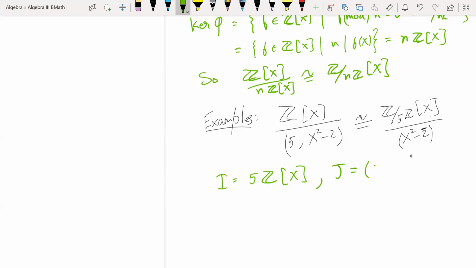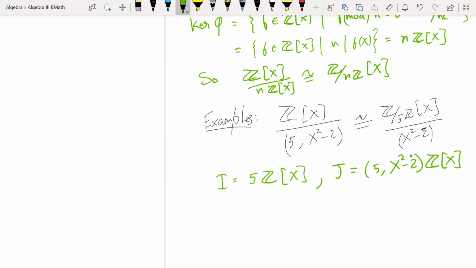So J is (5, x squared minus 2) times Z[x]. This is our setup, and we try to apply our third isomorphism theorem.